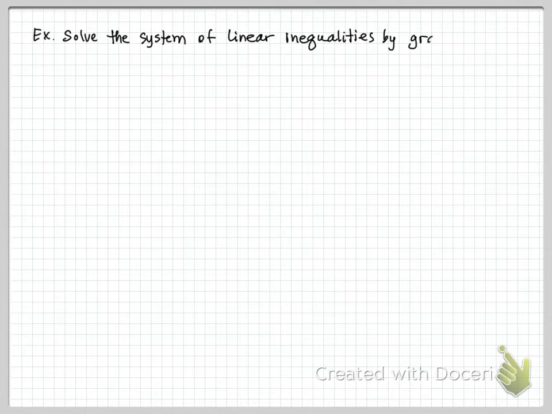And this is the only way you can solve them. It's not by guessing what the answer is, because there's an infinite amount of them. Okay? So you're going to be given two inequalities. Sometimes they'll be written in slope-intercept form. Sometimes they'll not be, and you'll have to get them into slope-intercept form before you can try to do anything.